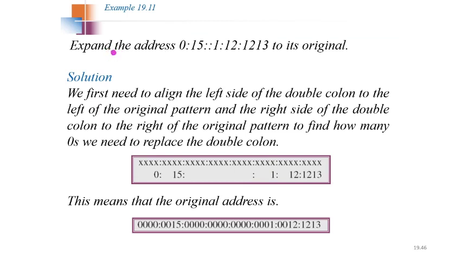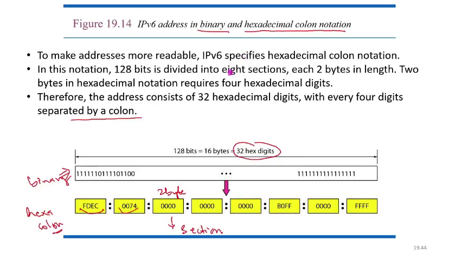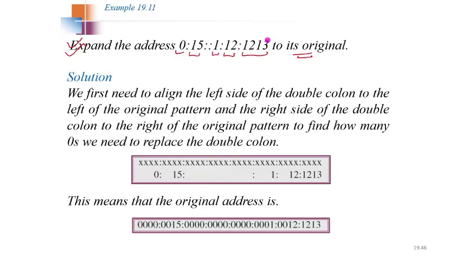Here we need to expand the address that is given to its original form. Each section should have 4 hexadecimal numbers. First of all, one IPv6 address has a total of 8 sections, so we need to convert it into 8 sections.